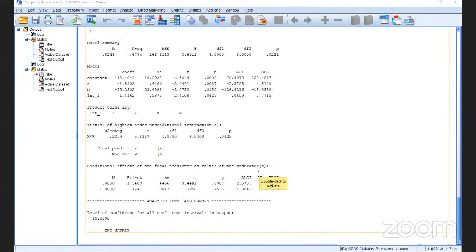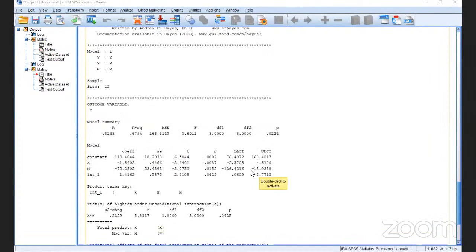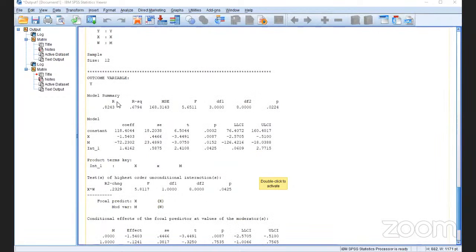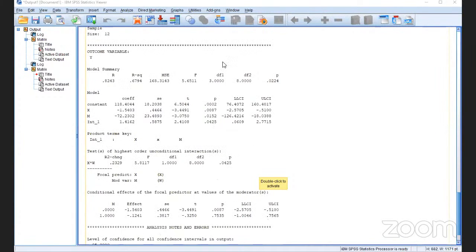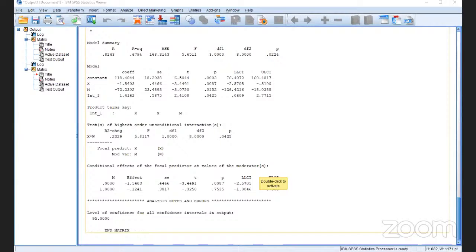In this output you can see there are three variables: Y the dependent variable, X the independent variable, and W the moderator, and the sample size is 12, meaning 6 low job performers and 6 high job performers. Now what is the R square?